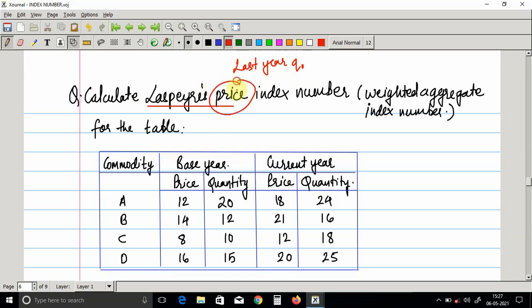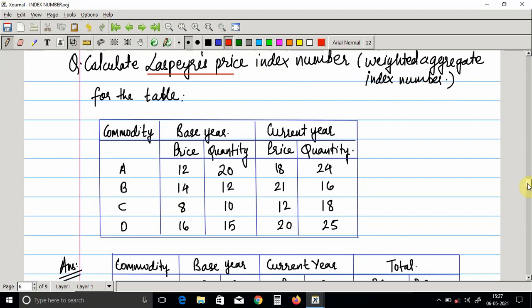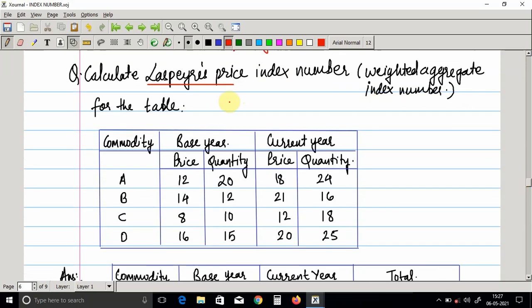Now since it is a price index, you have to compare price. You are connected with money. So Laspeyres price index is connected with base year's quantity. So this is the table: four commodities given, and base year.